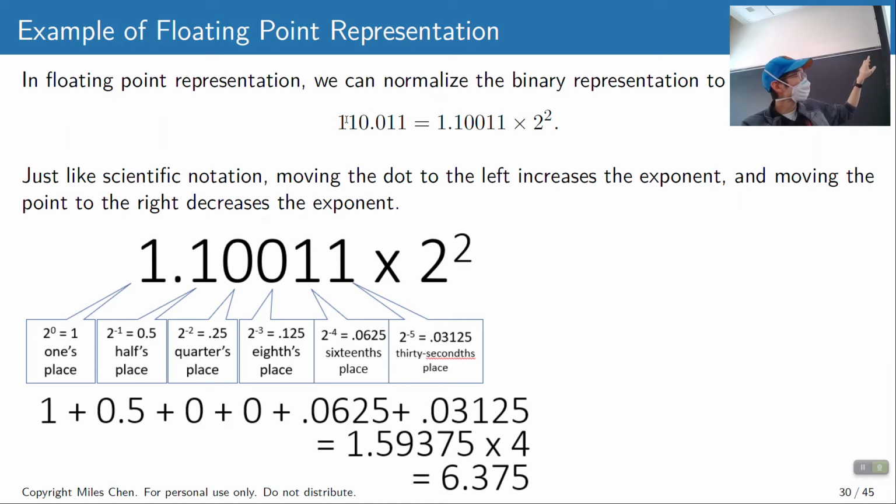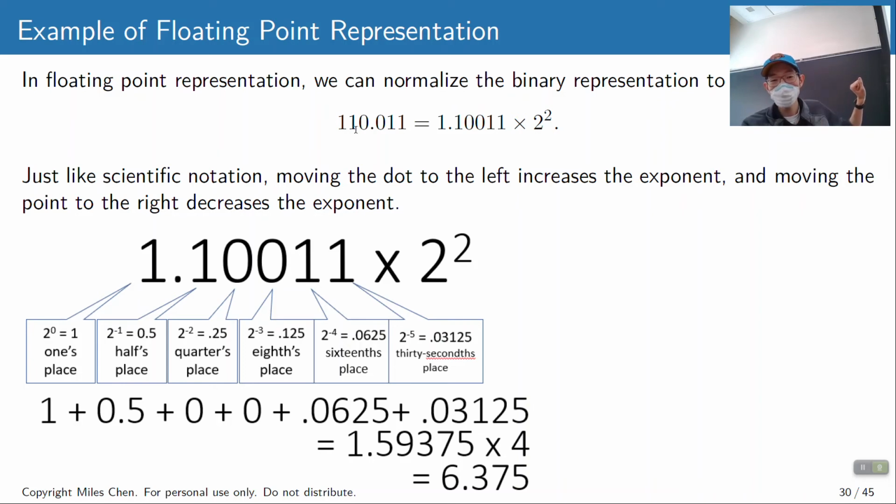So this is 110, but these are binary values. So this 1 represents 2 to the 2, the 4's place. This 1 right here is 2 to the 1, the 2's place, and this is 2 to the 0, the 1's place. And I can move this binary point over a position, and to get back to my original value, I have to multiply it by 2 to the 1.